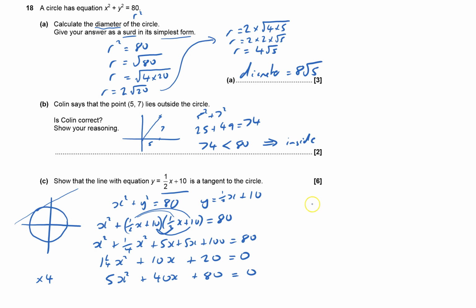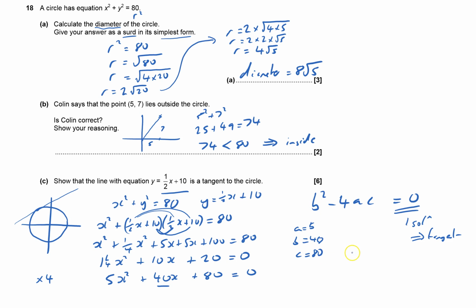And now I'm just looking at the discriminant, which is b squared minus 4ac. If that equals 0, then there's only going to be one solution, and therefore it'll be a tangent. So that's what I want to see. What's a? a is 5, b is 40, and c is 80.